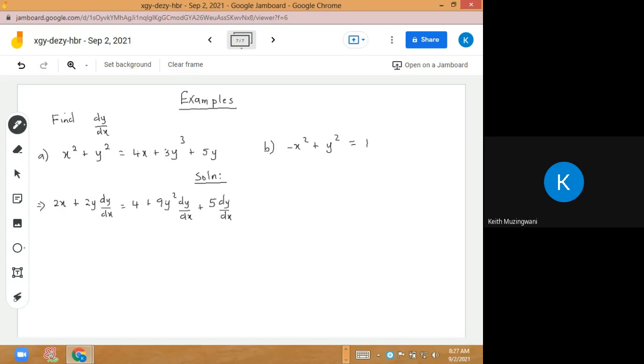And then you are solving for dy dx, so you put together all the dy dx. Anything that has dy dx, you collect and put on one side, and everything else you take to the other side. So this implies that we will have 2y dy dx minus 9y squared dy dx minus 5 dy dx is equal to 4 minus 2x. And then factor out dy dx.